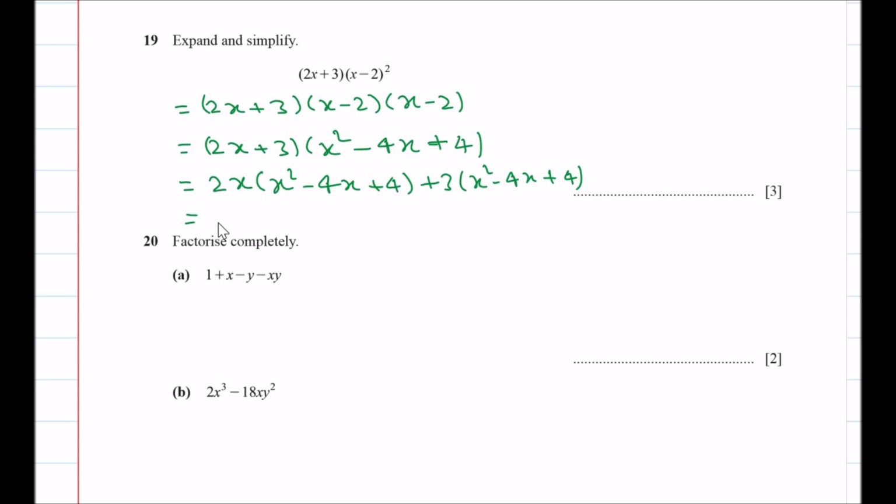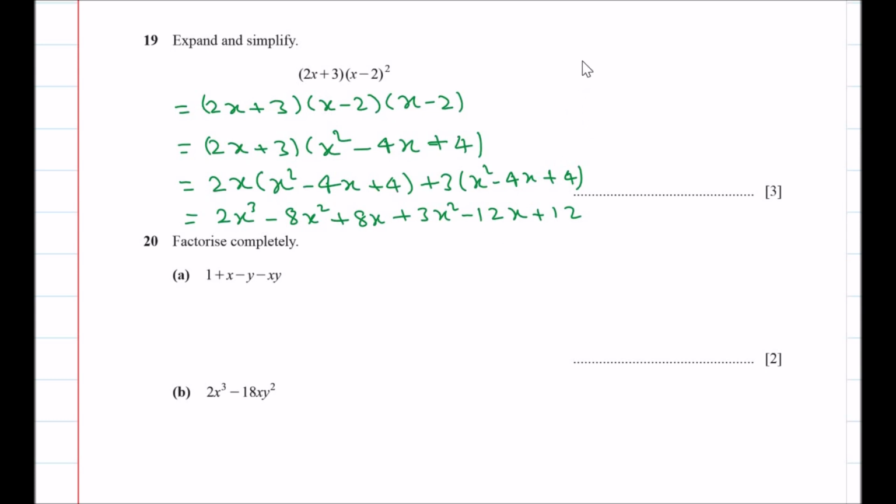We get 2x cube, 2x into x square is 2x cube, 2x into minus 4x is minus 8x square, plus 8x, plus 3 into x square, so plus 3x square, minus 12x, plus 12.